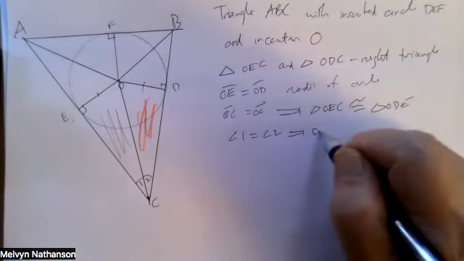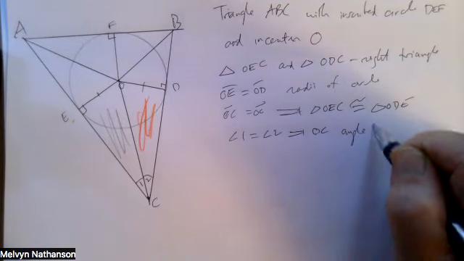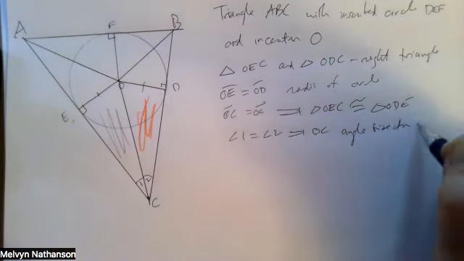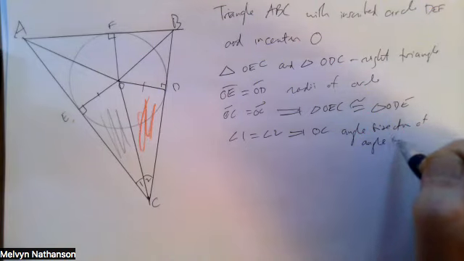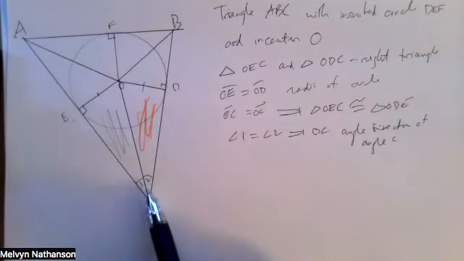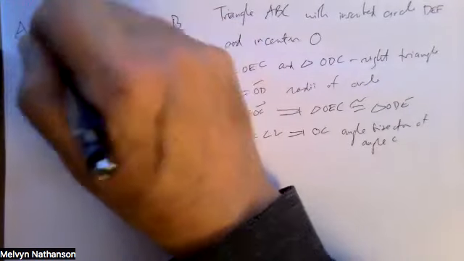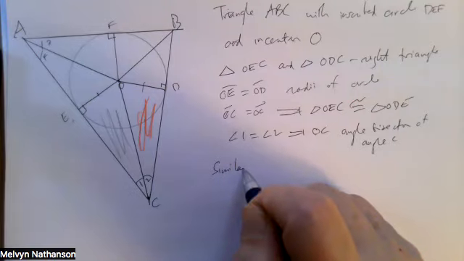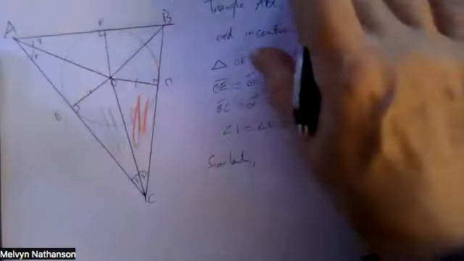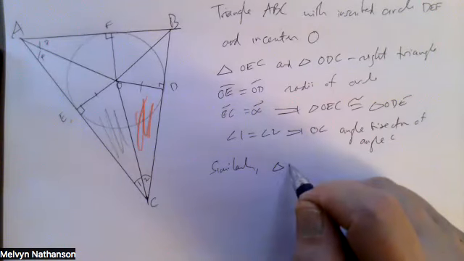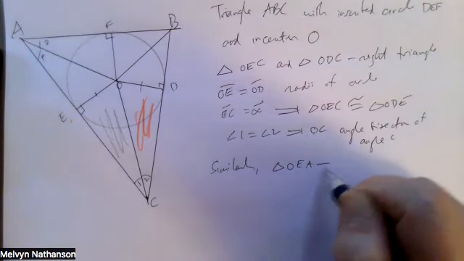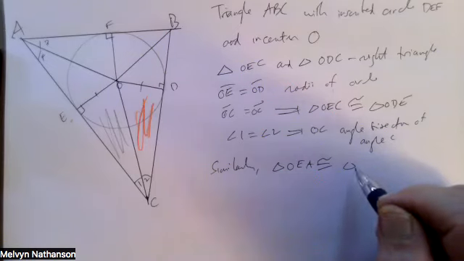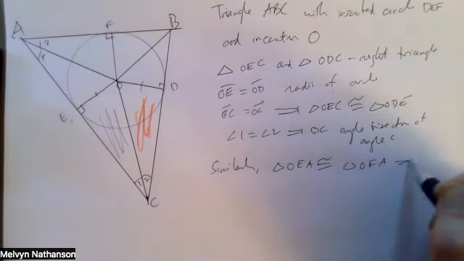So OC is the angle bisector of angle C. This line bisects angle C. And similarly, if this is angle 3 and this is angle 4, these two triangles, triangle OEA is congruent to triangle OFA.